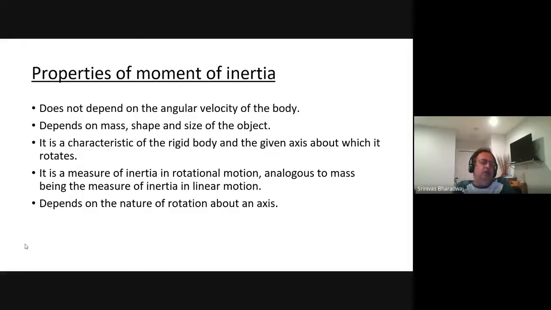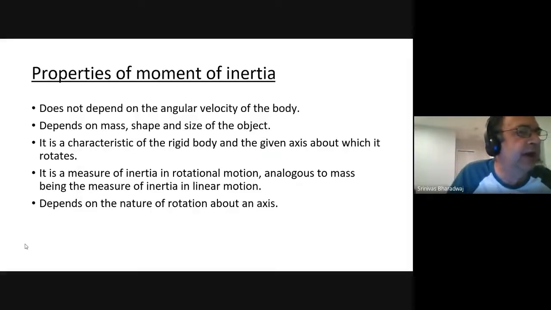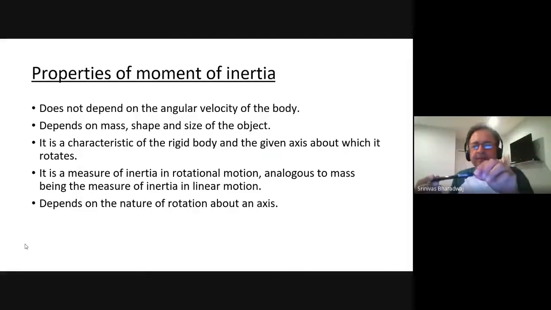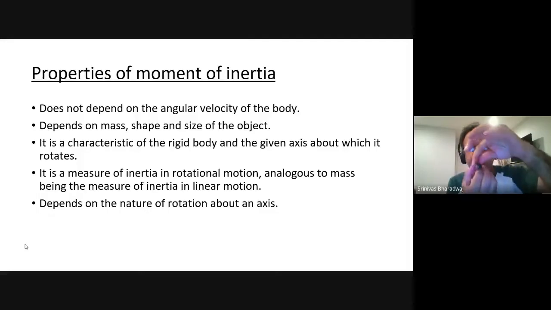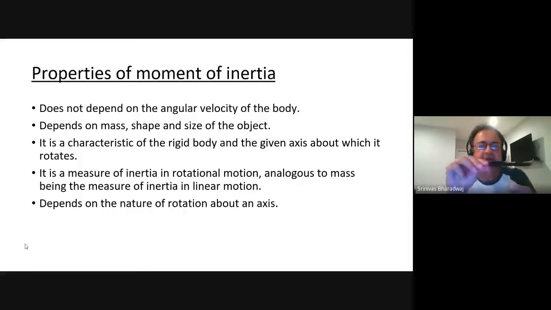Okay, if you had a rod and you made it spin like this, it takes a lot more torque to make it spin like this than if you wanted it to spin about a midpoint axis.